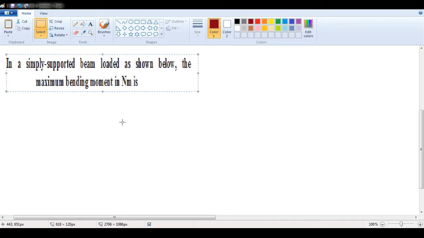A simply supported beam loaded as shown below, the maximum moment in Newton meter will be how much?